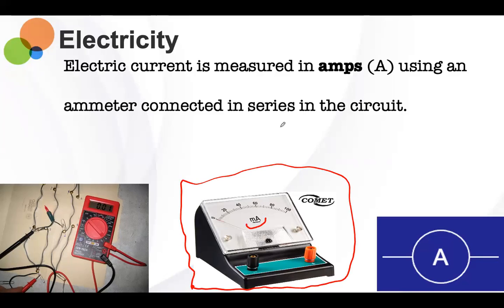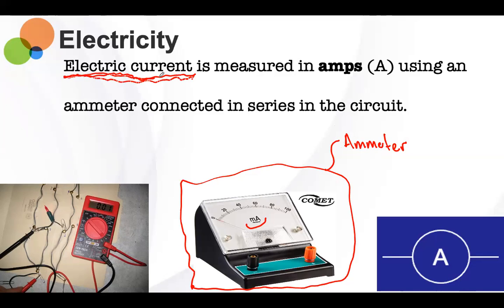So we need to go back and look it over again, just in case it pops up on your test. So it's called an ammeter, right? And what is it used to measure? Electricity.